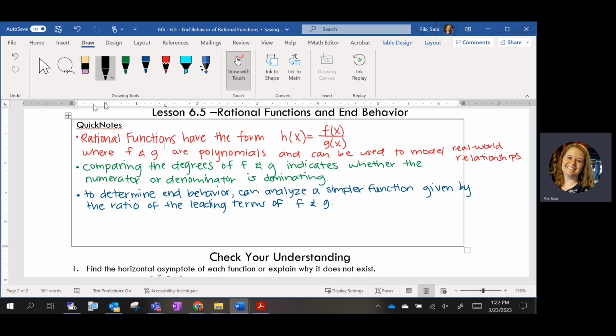So let me get an example up here so you can put that into practice. Let's say we have 3x to the 5th plus 2x squared over negative 2x squared.